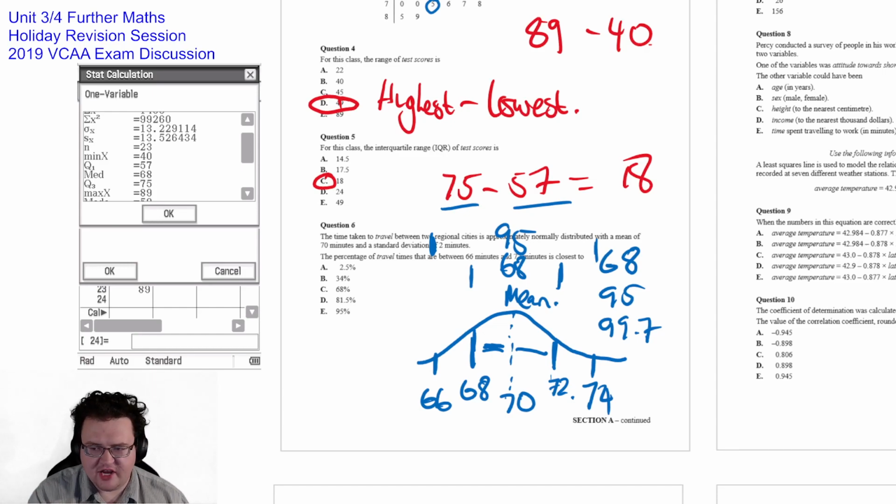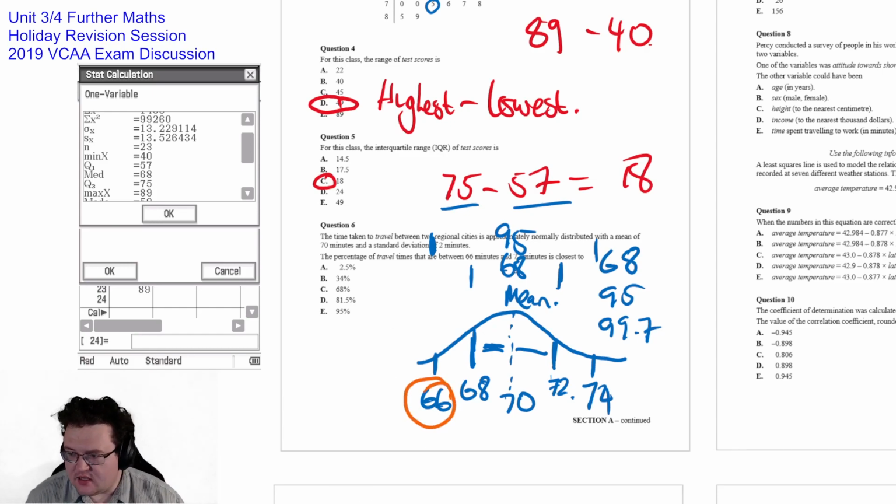But if you look at the question very carefully, it says the percentage of travel times that are between 66 and, oh, it's underneath there, but it's 72. Okay, 72.